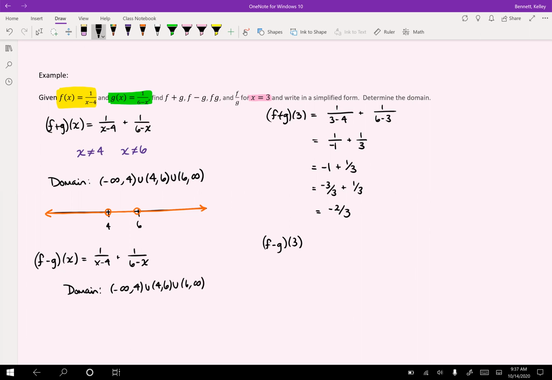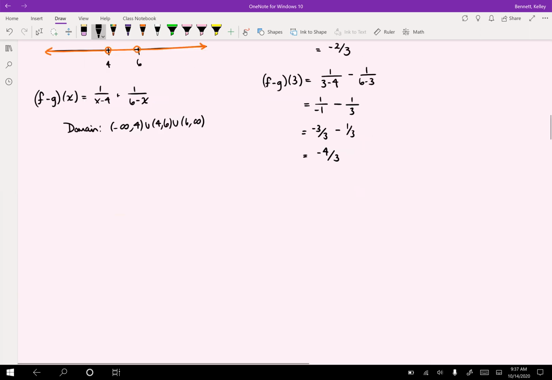And then I'm going to evaluate my function at 3. So I have 1 over 3 minus 4 minus 1 over 6 minus 3. So that's giving me 1 over negative 1 minus 1 over 3. So same thing again, negative 3 over 3 minus 1 over 3. And now I get negative 4/3.